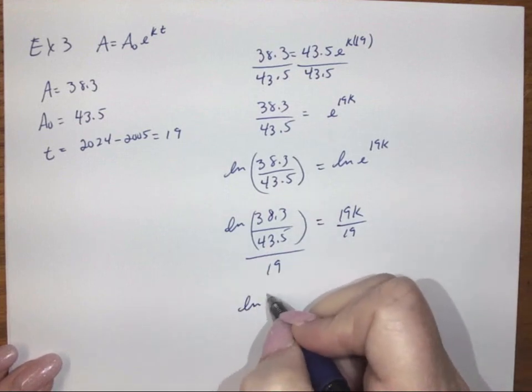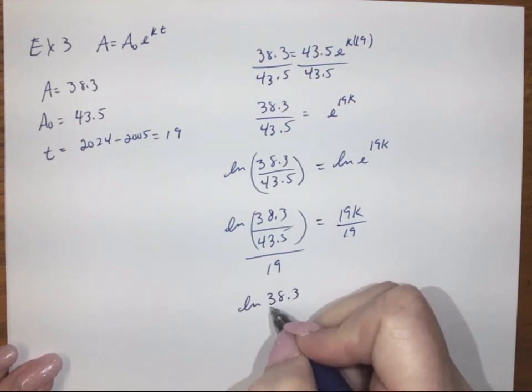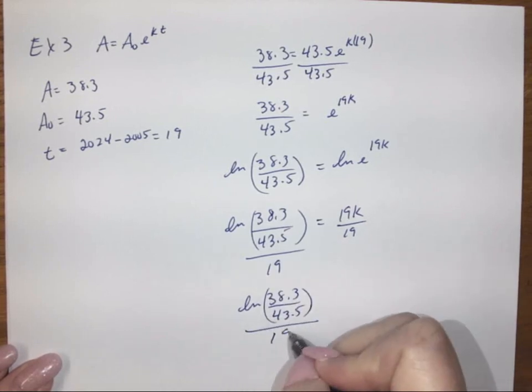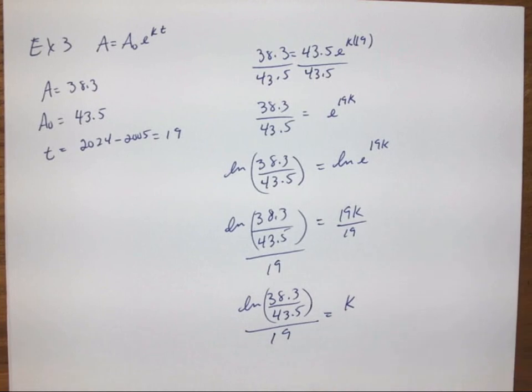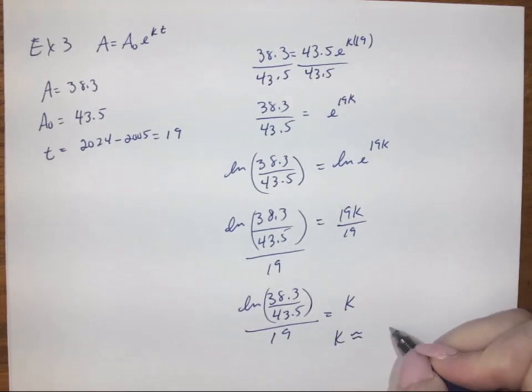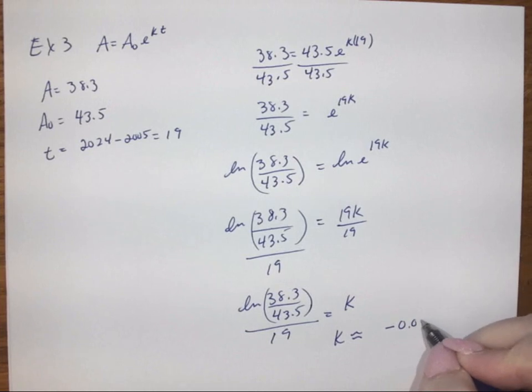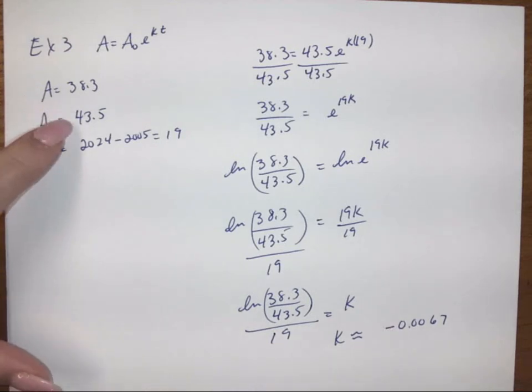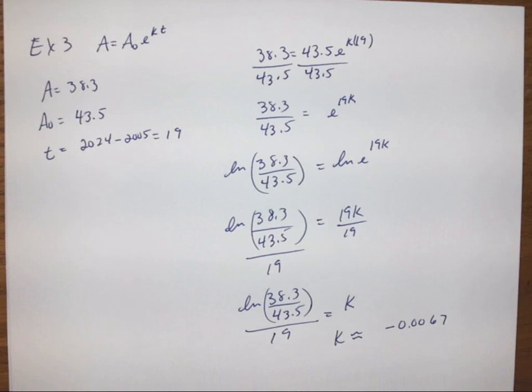So we have the ln of 38.3 over 43.5 divided by 19 is equal to our k. So our k is approximately negative 0.0067, which is what we would expect as far as positive or negative because the population is going down. So we should have a negative exponent. It went down from 43.5 to 38.3.